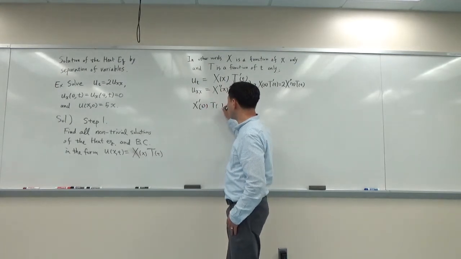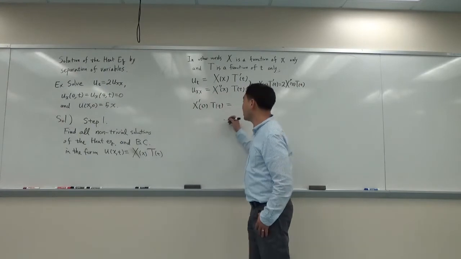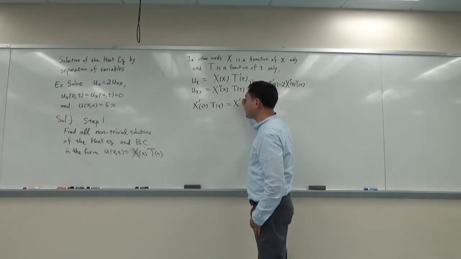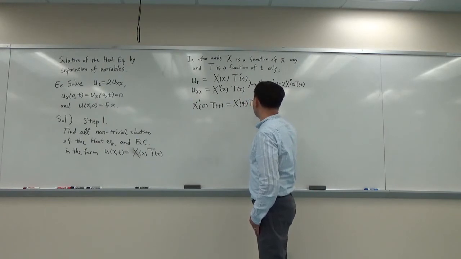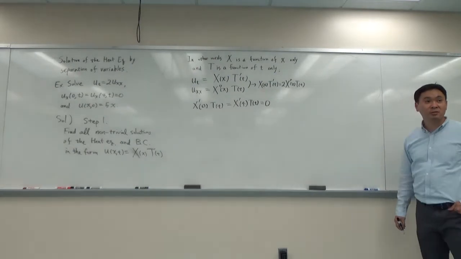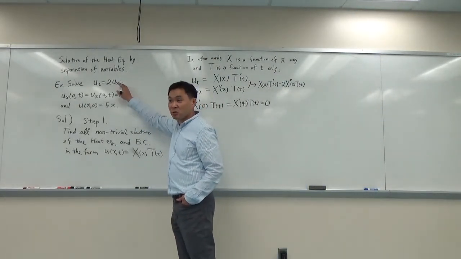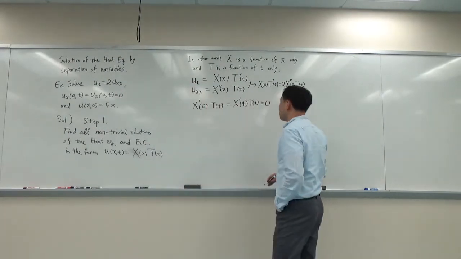What goes in here? t. What about this one? What happens there? X prime of 4 times T of t equals 0. And we don't care about the initial conditions yet. We're just doing these two, right? Okay, next.